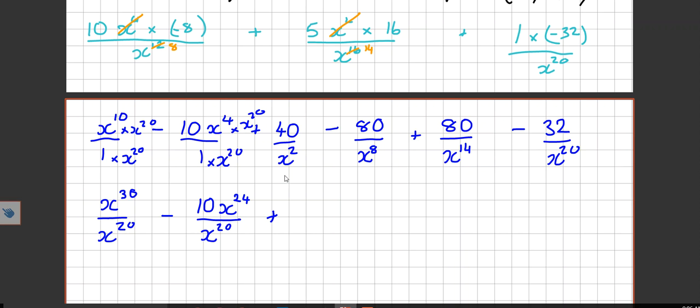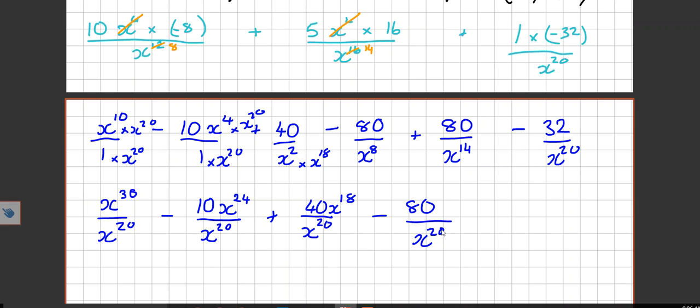But the next one, x to the power of, sorry? 18. Okay, so that gives me x to the power of 20 and then 40 x to the power of 18. This one would be minus 80.